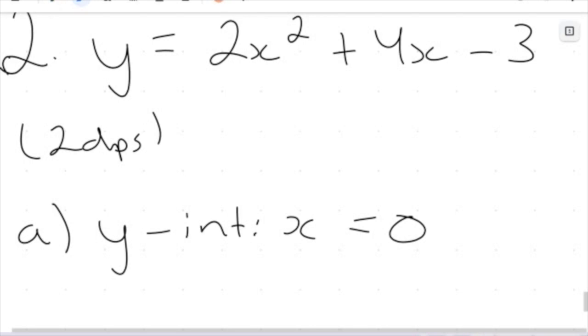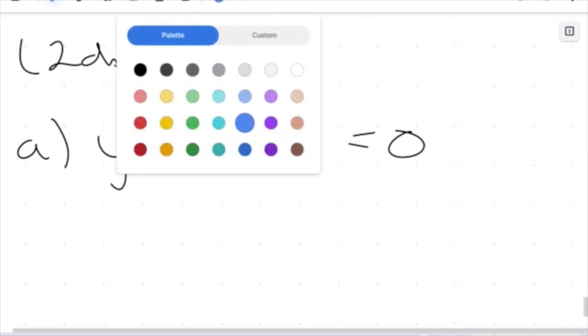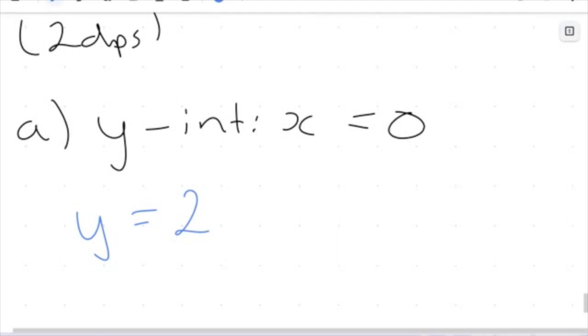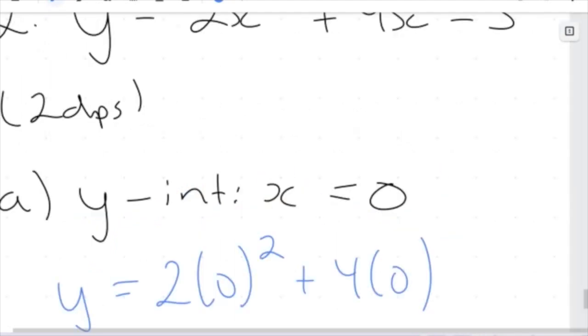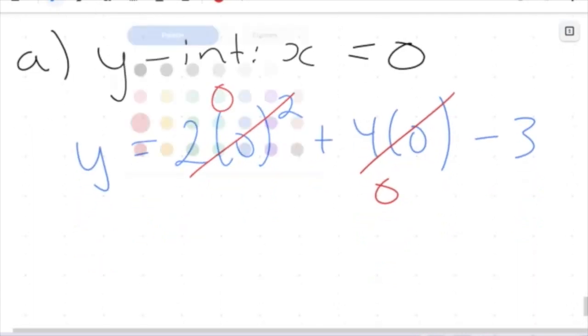So I'm going to sub 0 into these 2 x's here. So I'm going to get that y equals 2 times 0 squared plus 4 times 0 minus 3. And once again, that's just going to give me 0 and 0, because anytime I multiply by 0, I get 0. And I get negative 3 as my y-intercept.